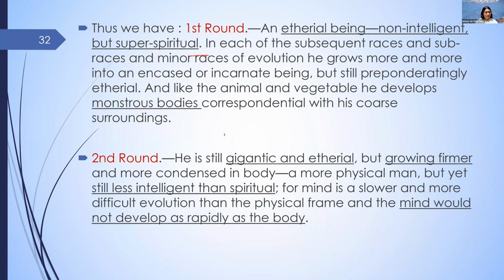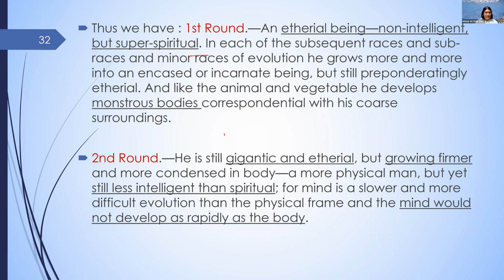So thus we have in the first round an ethereal being, non-intelligent but super spiritual. Ethereal being, as we have seen, is made of material which is almost transparent. And at this stage, mind is also not active, but buddhi is, because monad is there, Atma Buddhi. But mind is not active.